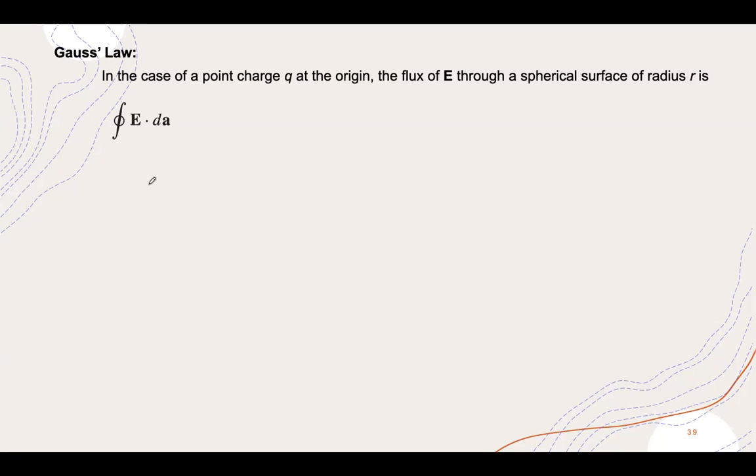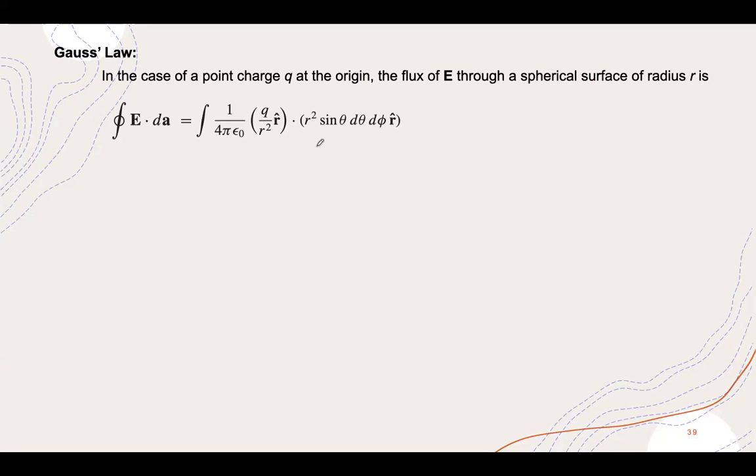So what that means: if I put the values in spherical polar coordinates, supposing it is a spherical surface, the electric field is given as 1 over 4 pi epsilon naught, q over r square, r cap. This we know. And this dA for the spherical polar coordinate system, which you learned in your mathematics course, and I revised these things before I started the sessions, is r square sin theta d theta d phi r cap.